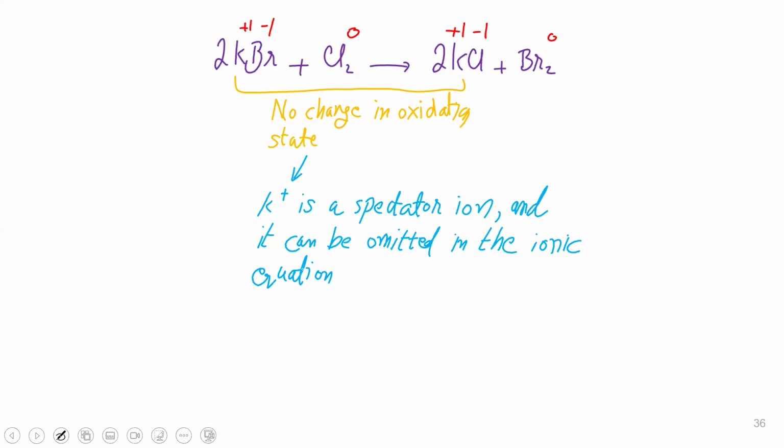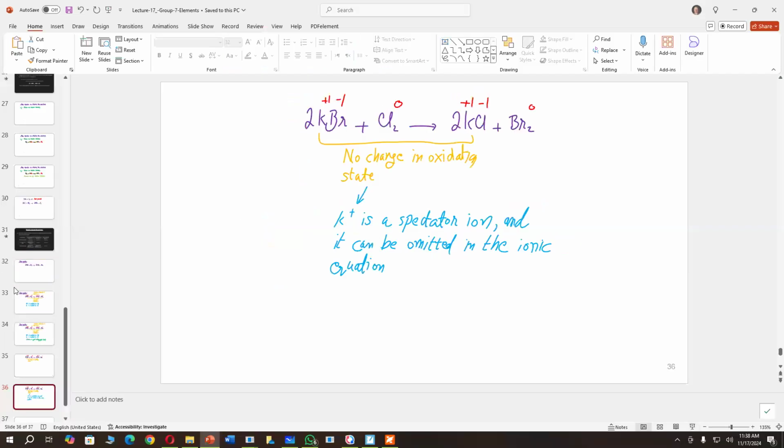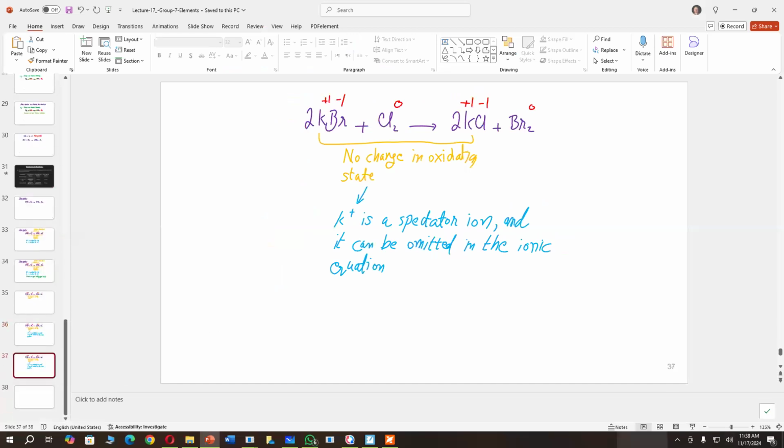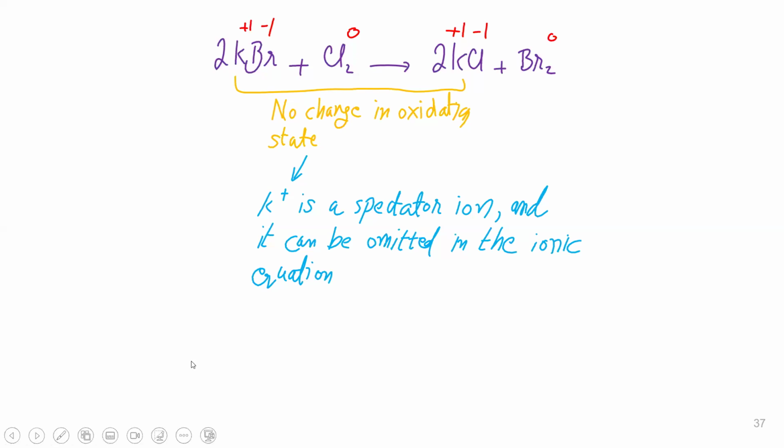Look at this. You have to copy this now. Spectator ions are those ions in chemistry whose oxidation number is not changing. So they are actually the spectator ions here. What chemistry says, Mikhail, is that you can write the equation without them.